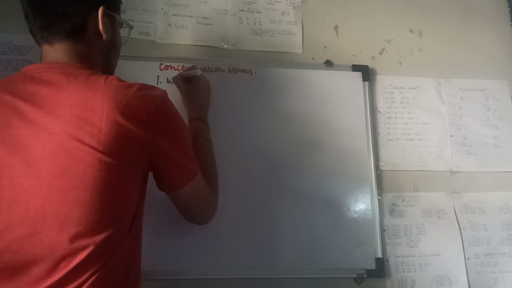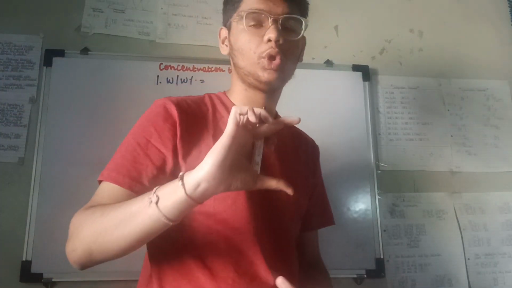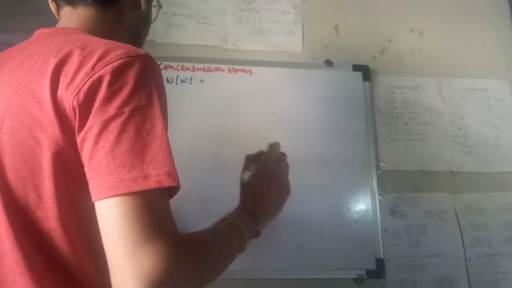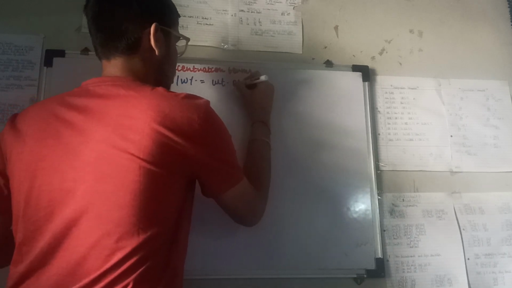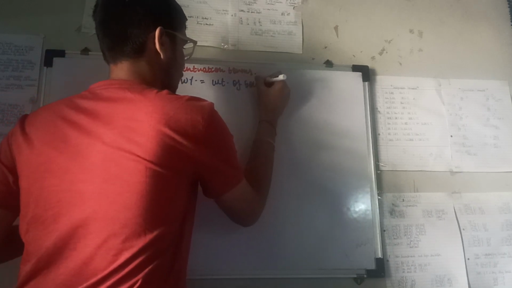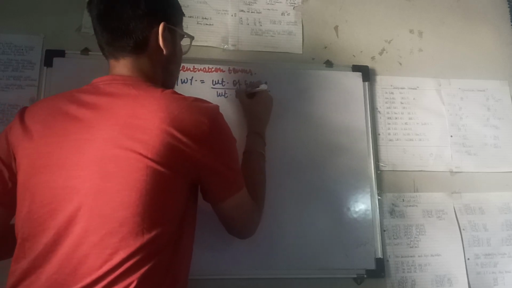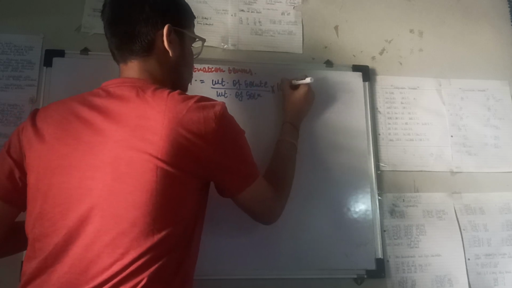First is weight by weight percent. Like in oral pills or medicines, you can see weight by weight percent. So what is the formula you have to remember here? Weight of solute upon weight of solution into 100.